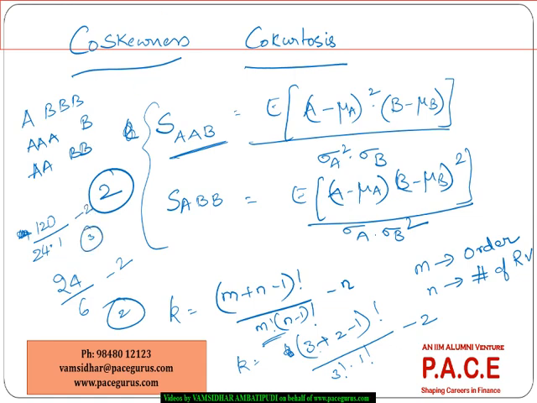So I am getting three different co-kurtosis values. Similarly, I am getting two different co-skewness values.